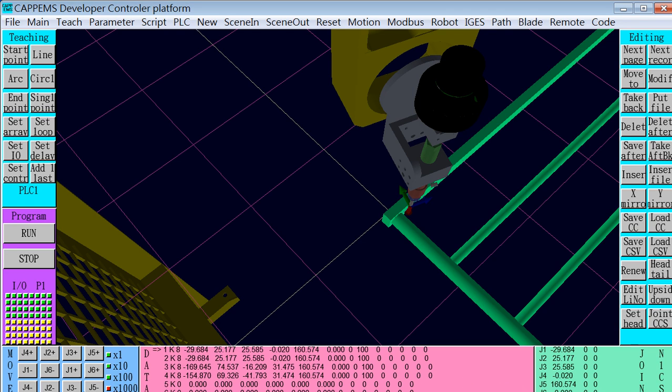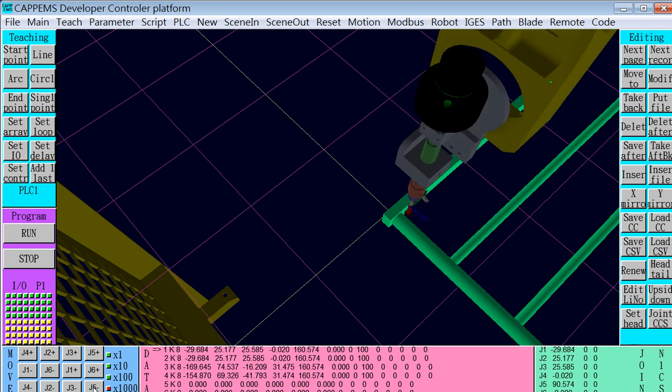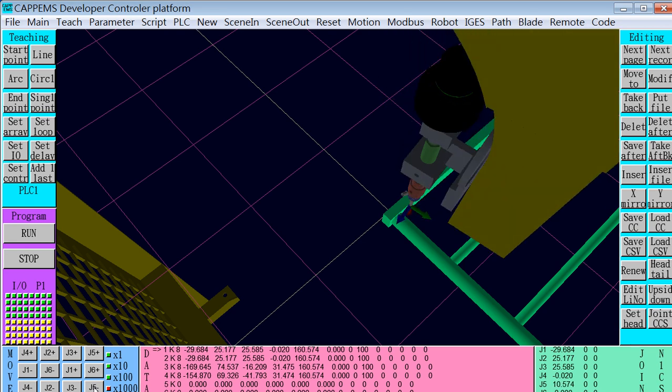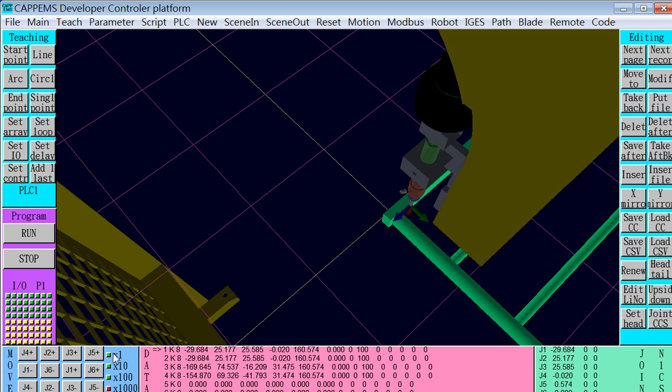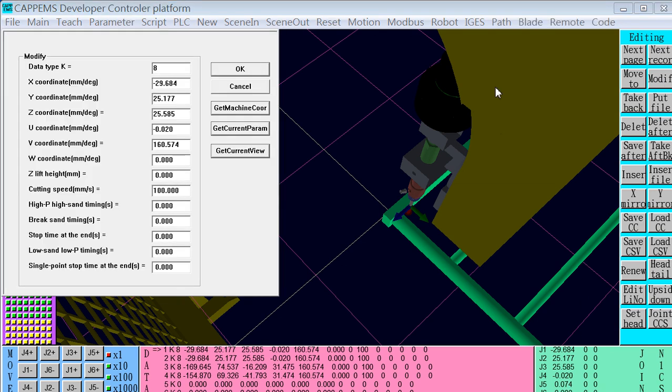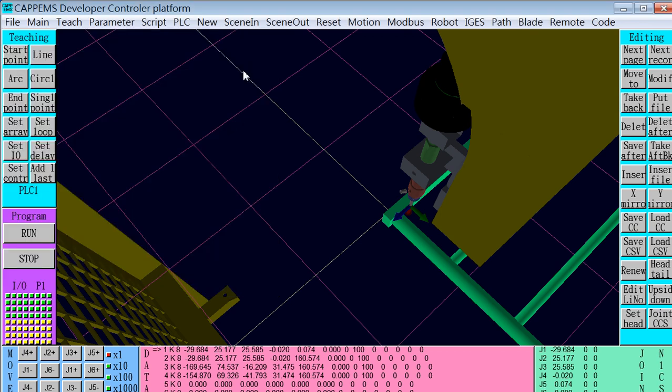J5 minus once, 150. Slower the speeds. Okay, J5 0.0. Okay, and then modify, get the current positions, and then still insert 1.